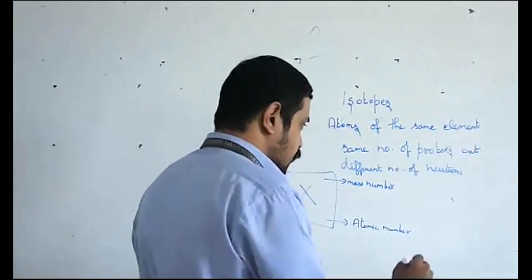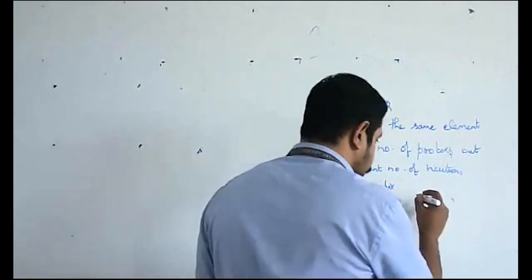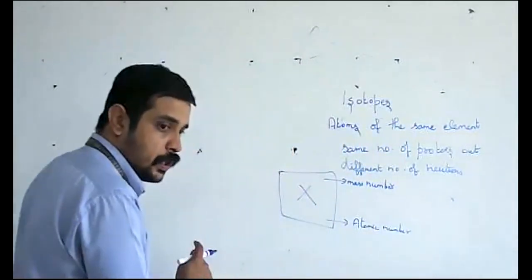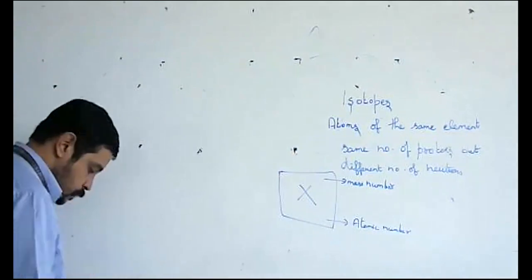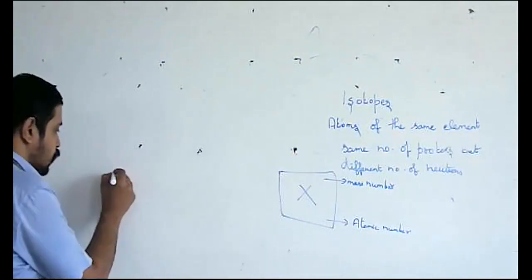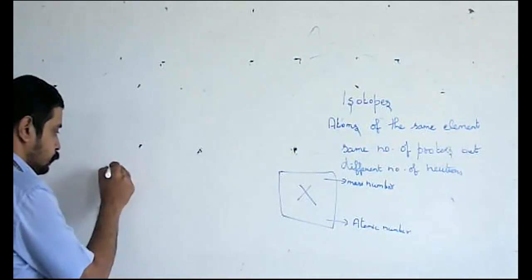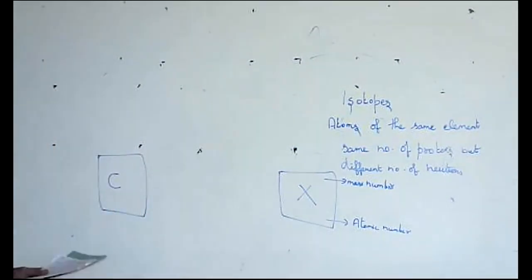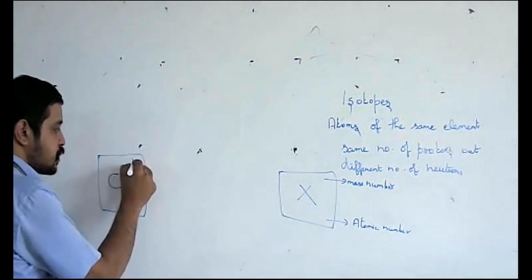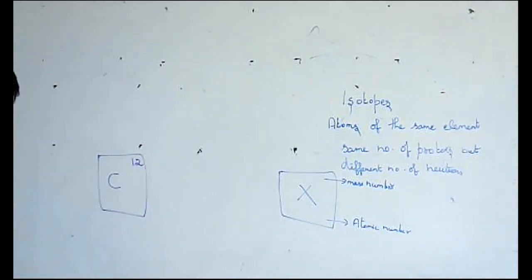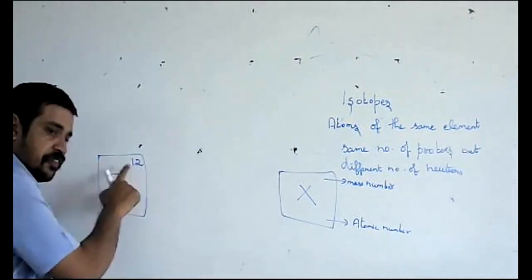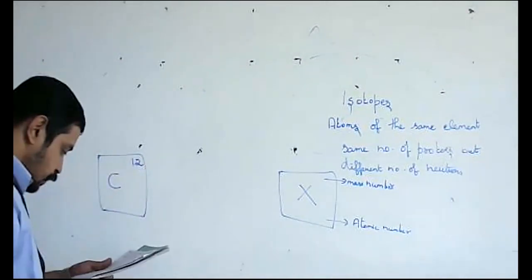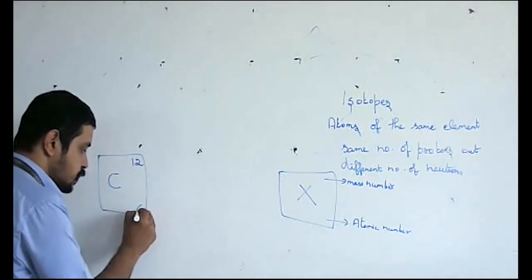Now, let me give one example. Okay, board, here you have space, so I will write here. We have, for example, carbon, and it has a mass number of 12 and atomic number 6.